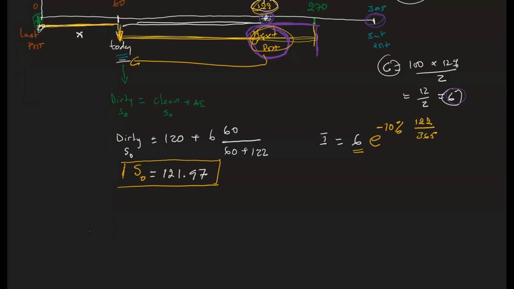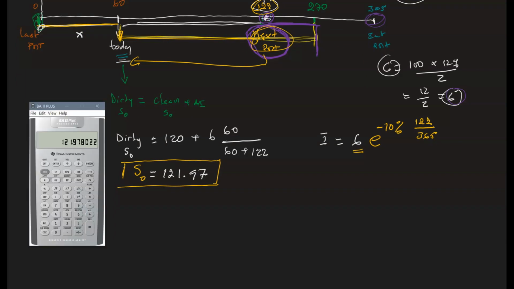We have the following. I'll pull my financial calculator and do just that. We're going to use 122 divided by 365. That's equal to 0.3342. We're going to multiply that by 10%, so 0.1 equal.